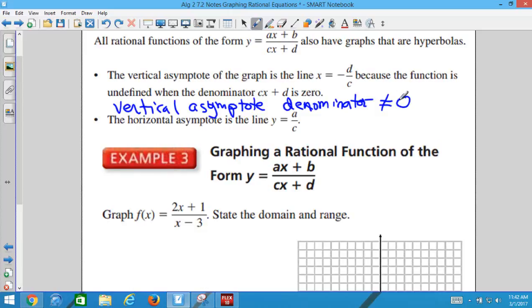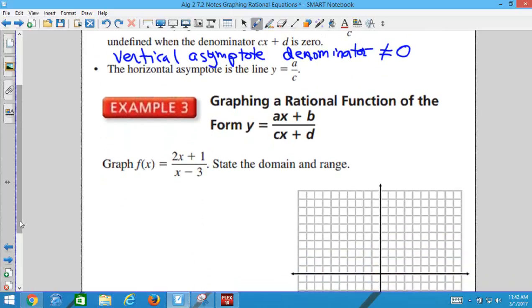So when we go to find the vertical asymptote, I write the denominator equals 0 and I solve it. Because the denominator cannot equal 0, I write x minus 3 equals 0. And then I solve that for x.